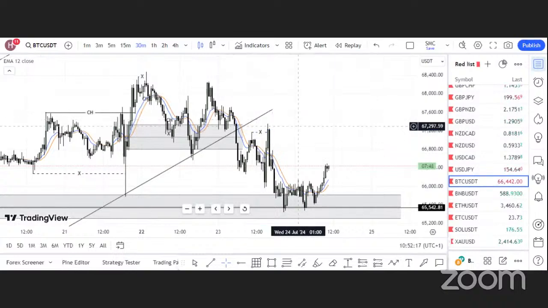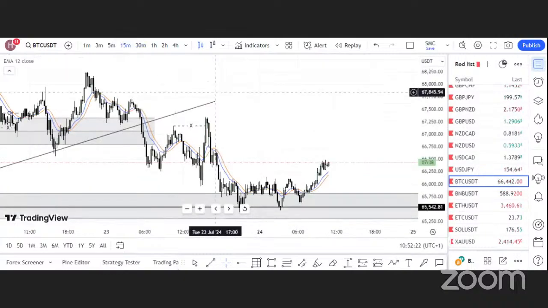And on the 30 minutes time frame, we have a valid liquidity purge.